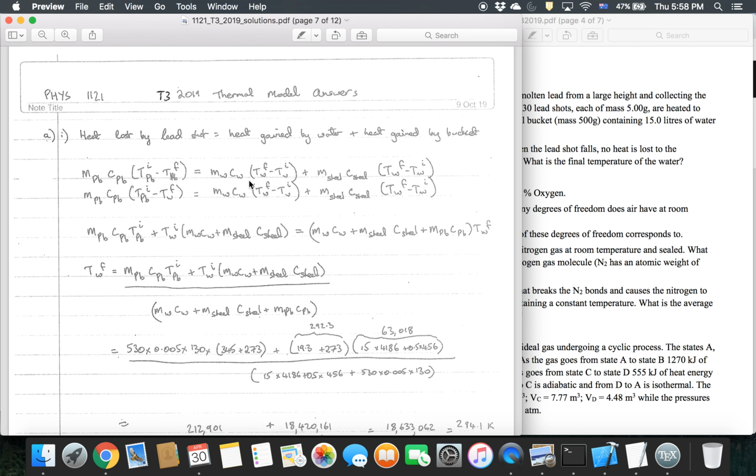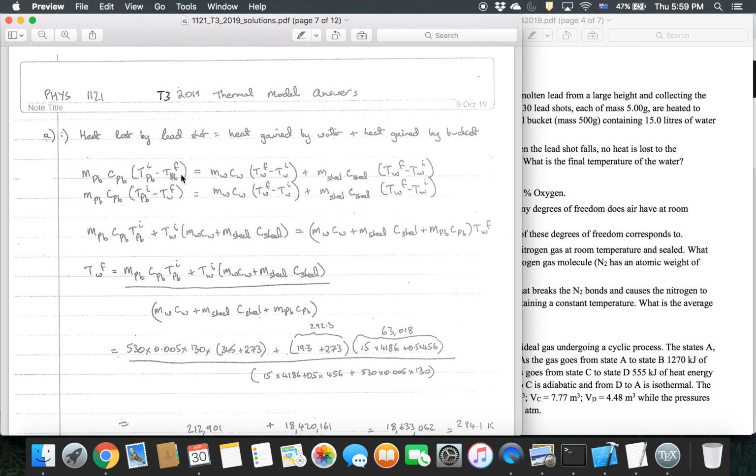You just have the mass times the heat capacity times the temperature difference for each material: the steel, the water, and the lead. You'll see that the initial and final temperatures are backwards compared to the other ones here, because you would have had a negative sign in the beginning, as this is heat lost on the left-hand side and heat gained on the right-hand side. We just absorbed a negative sign in here to flip the ordering, so this is not a typo.